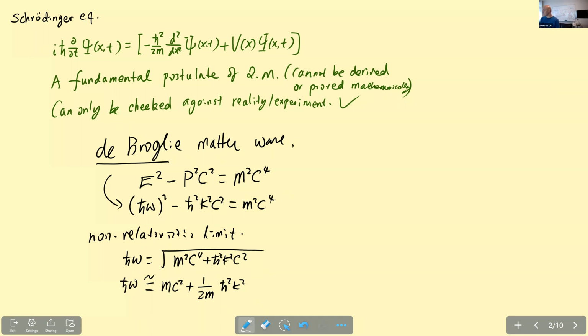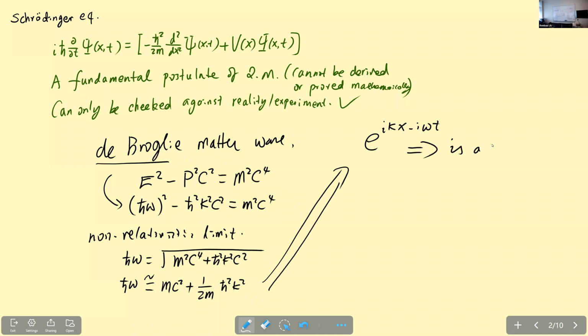And so that means if we write down a plane wave, you can say that it's a solution of i h bar partial t psi(x,t) equal to minus h bar squared over 2m partial squared over partial x squared psi(x,t).